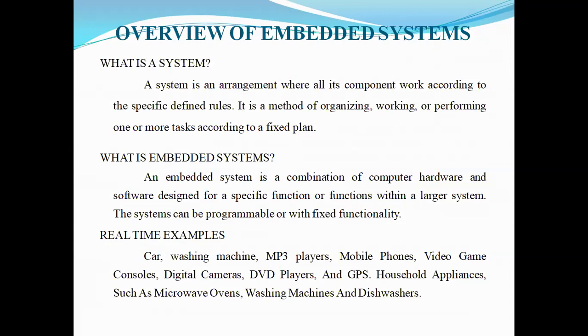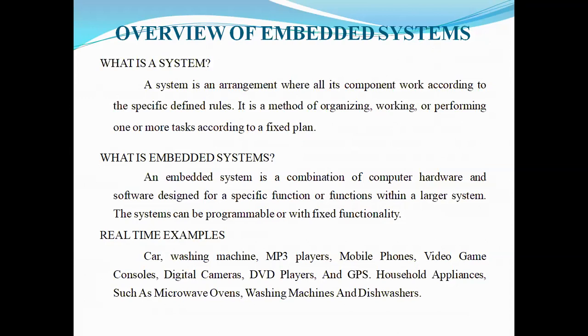A car is mainly used for driving, a washing machine to clean clothes, MP3 players to hear songs, a mobile phone for communication. These are specific applications. We can't transfer a specific application from one device to another. Like the functions of a car, we can't implement them in a washing machine.